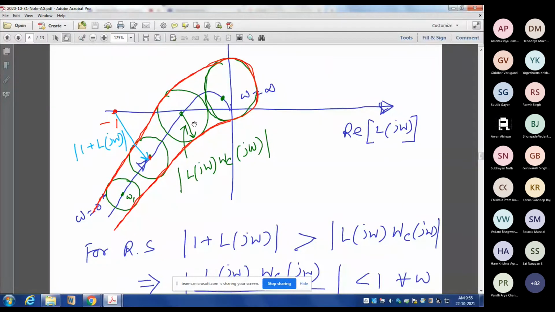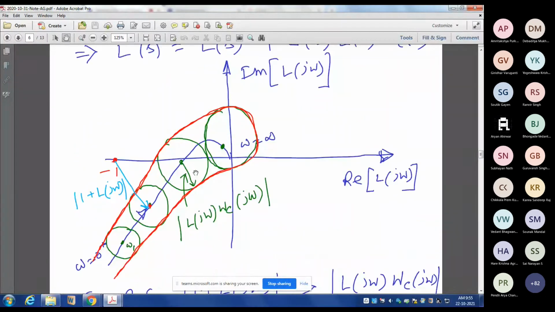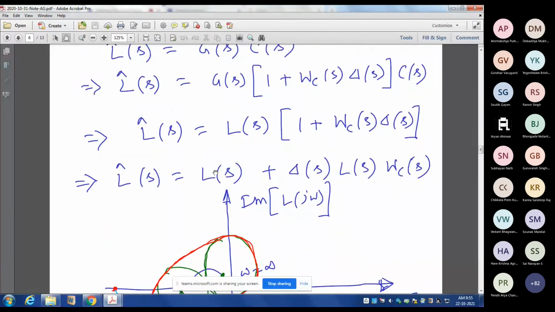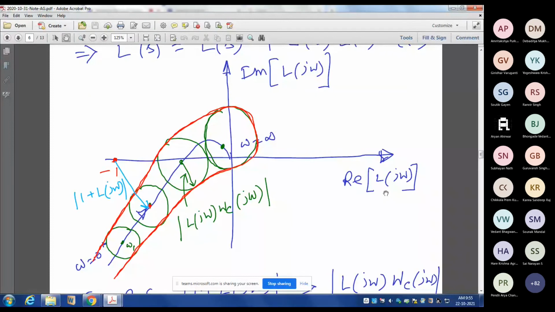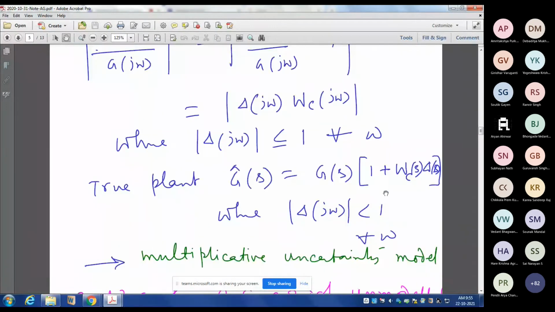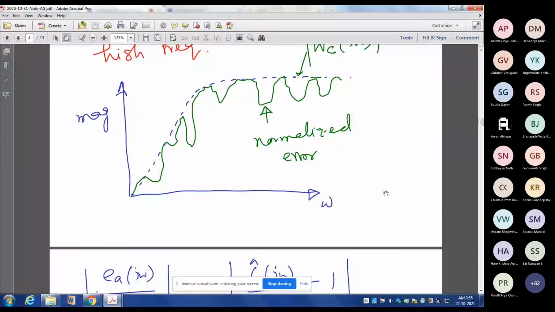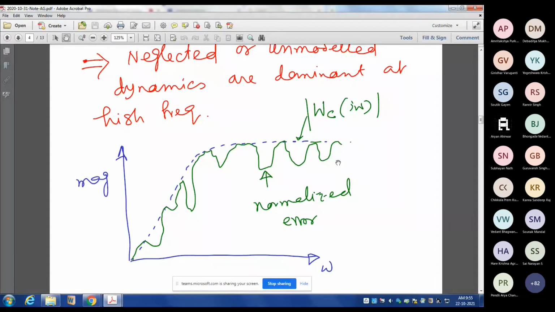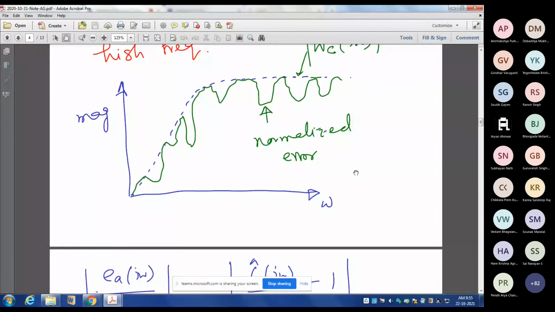Now you can see that at a small frequency this disc size will be less, because, as we have already seen, the magnitude of the perturbation, called error, is more at high frequency.